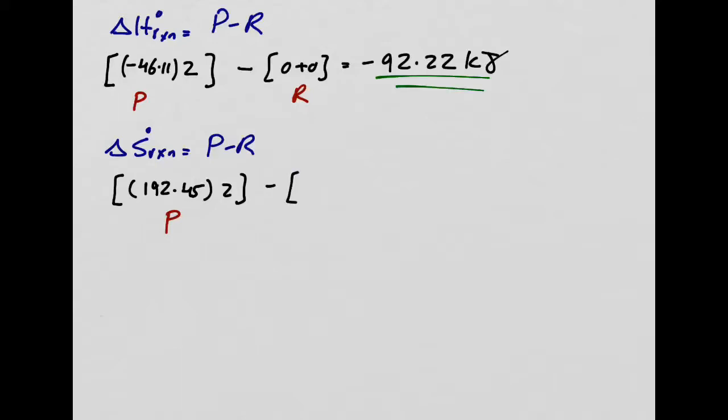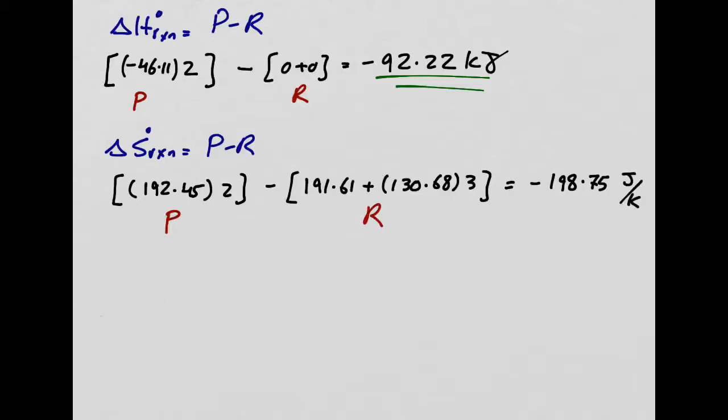Minus, to look at the reactant, 191.61 plus 130.68 times 3. Product minus reactant, add up all the product, add up all the reactant, subtract them, I get 198.75 joules per K. Again, moles cancelled out.